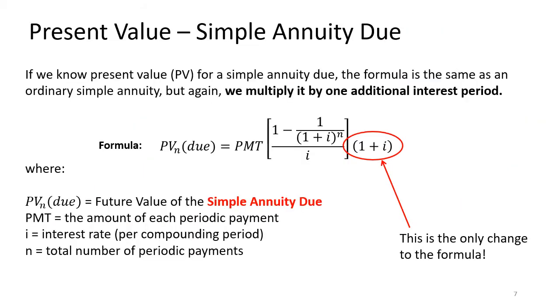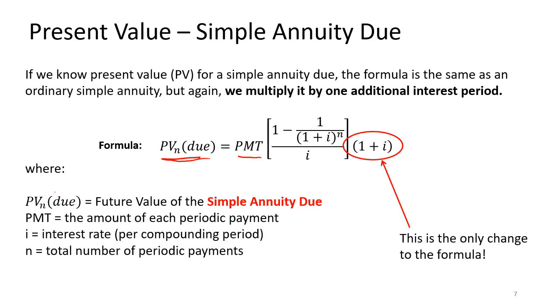So now if we take a look at the present value formula, again, the formula is exactly the same as an ordinary simple annuity. So we have our present value, and this formula just denotes that it's an annuity due. And it's still equal to the payment times 1 minus 1 divided by 1 plus the periodic interest rate to the exponent n divided by I, the periodic interest rate.